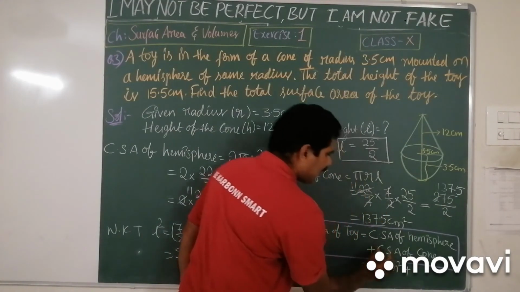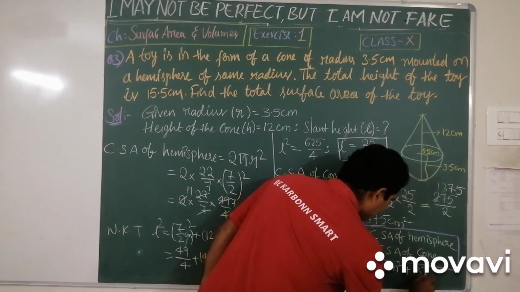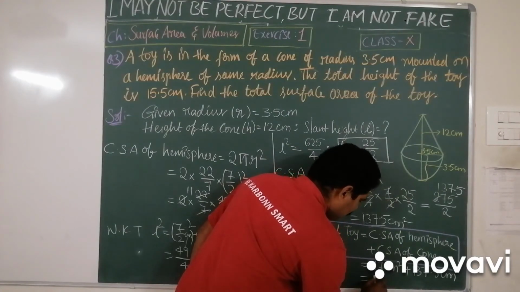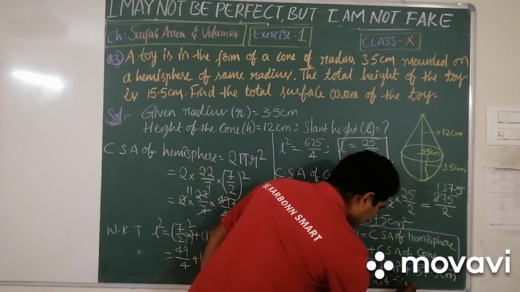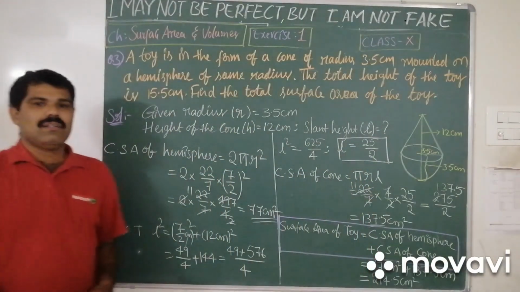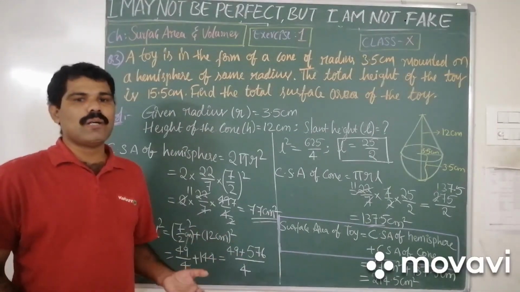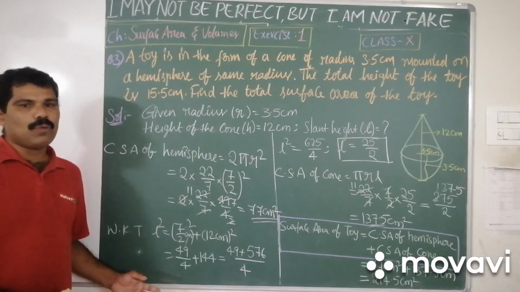And what is the curved surface area of the cone? That is 137.5. Sum of these two is equal to 214.5 centimeter square. Therefore, the total surface area of the given toy is equal to 214.5 centimeter square.